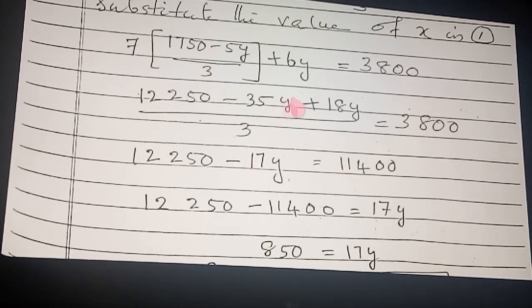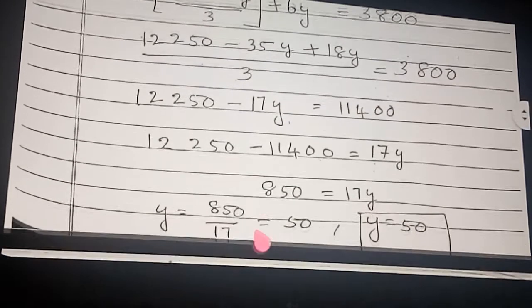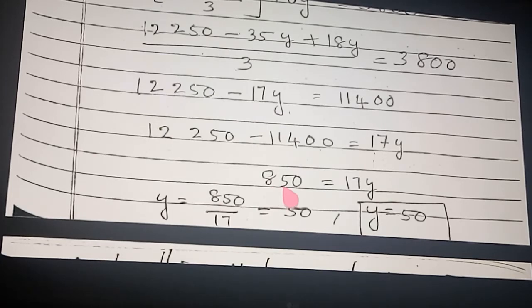Now this minus 17y shifts here, so it becomes plus 17y, and this number comes here. Subtract, all of you. How much are you getting? You got 850 is equal to 17y. Therefore, the value of y is equal to 850 by 17, so you got the value of y equal to 50.